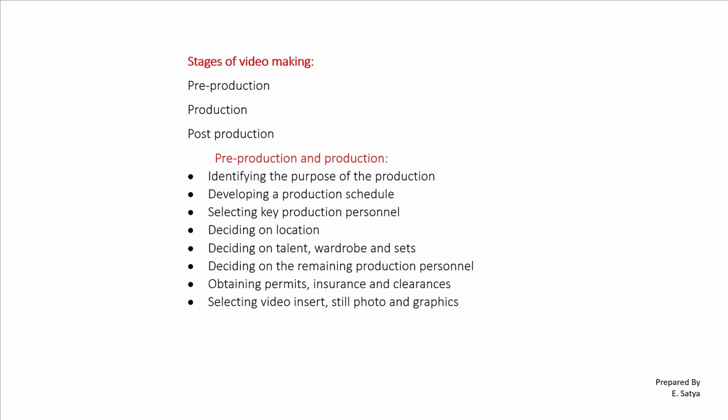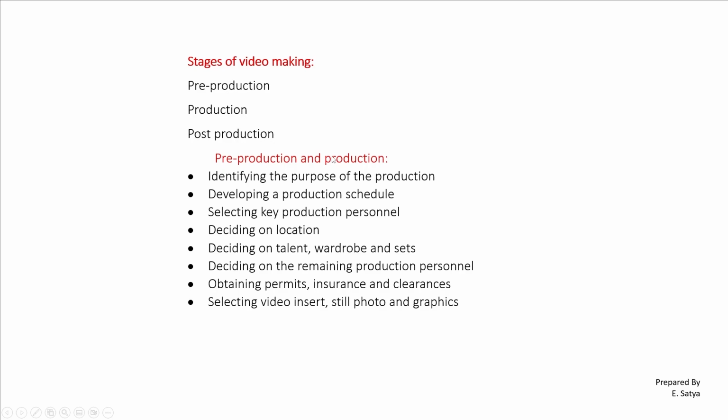And stages of video making. Generally any video, whether it is a movie, a short film, a commercial ad, or an animation game, anything, has three main stages: pre-production, production and post-production.